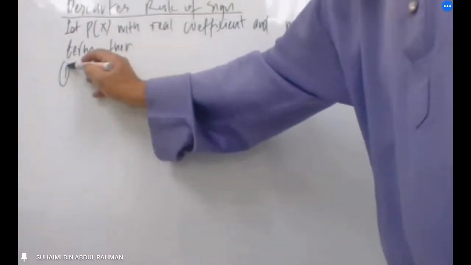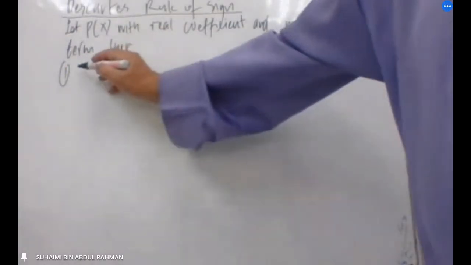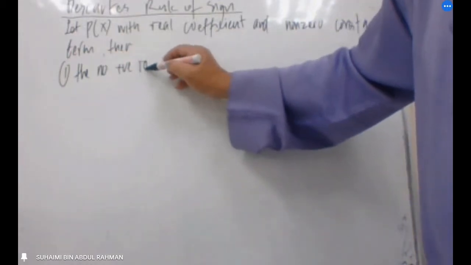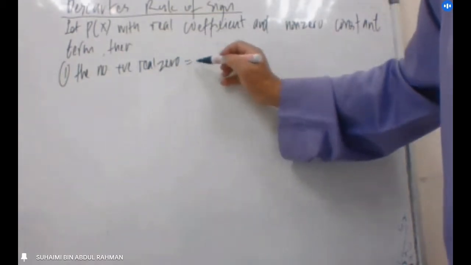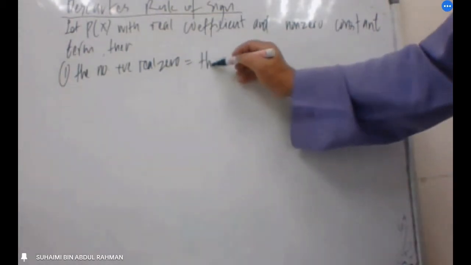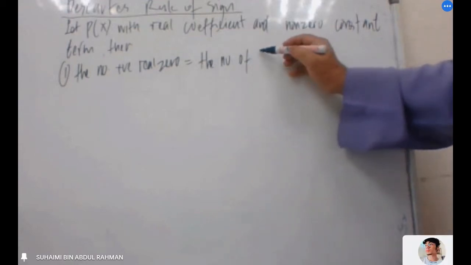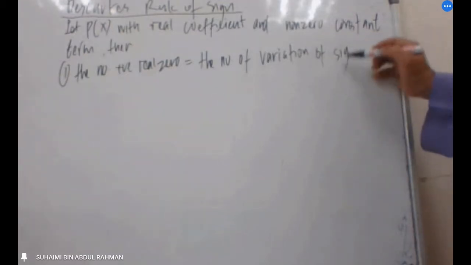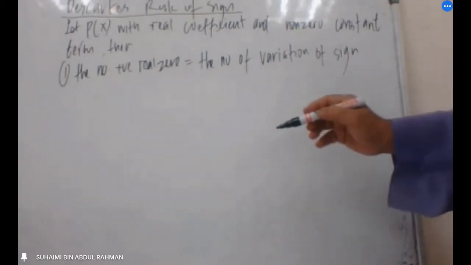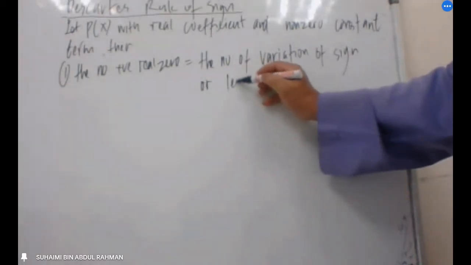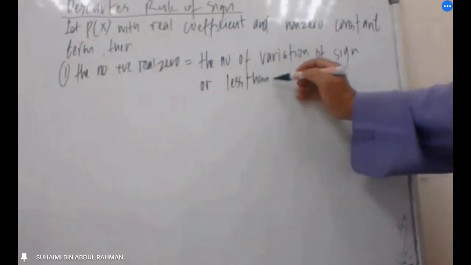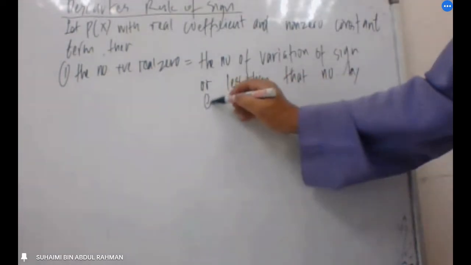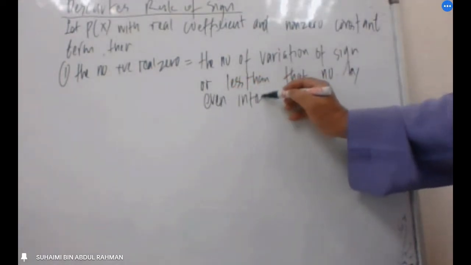Then one, the number of positive real zeros is equal to the number of variations of sign, or less than that number by an even integer.